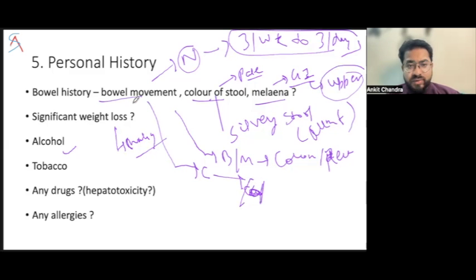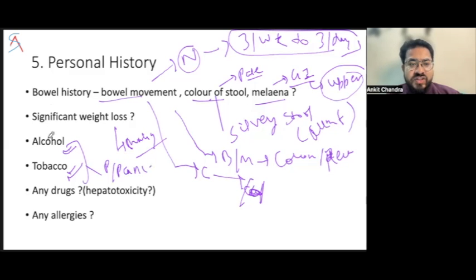Steatorrhea, I've already told you that you have to ask in the bowel history. Chronic alcoholism and tobacco: alcohol is a risk factor for pancreatitis. Alcohol and tobacco both are risk factors for pancreatitis and pancreatic carcinoma.